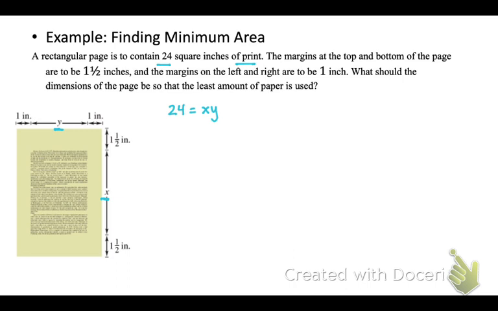But the dimensions of the page, so this is print, but the area of the page is what? What would the length be? The length would be this whole thing.